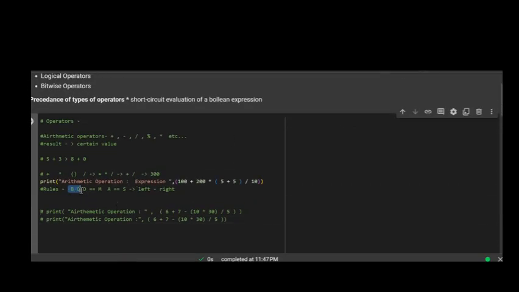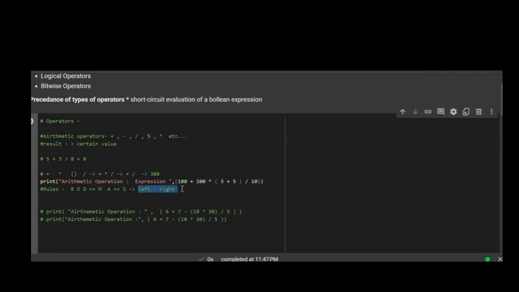So see here, BODMAS: division equals multiplication, and we have to follow left and right, whichever appears first. Then addition and subtraction are equal, and again we follow left and right. Equal means addition and subtraction are given equal precedence. But if we compare an addition operator with a division operator, then division takes the precedence.